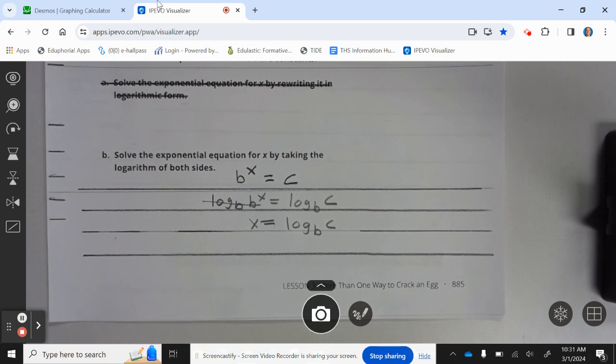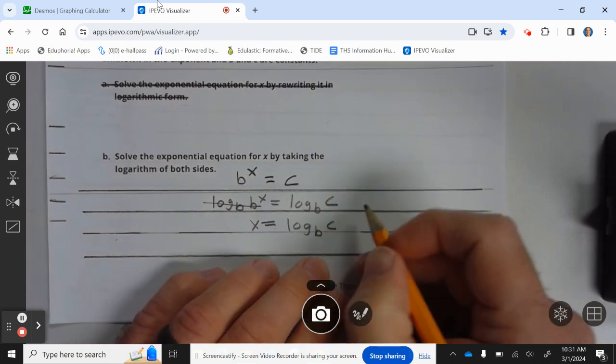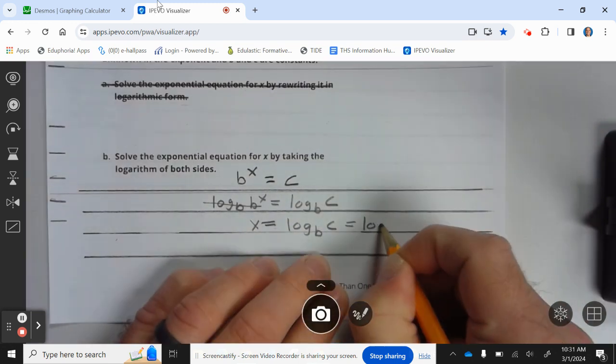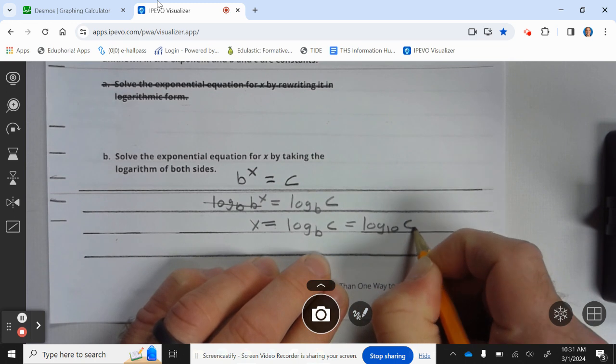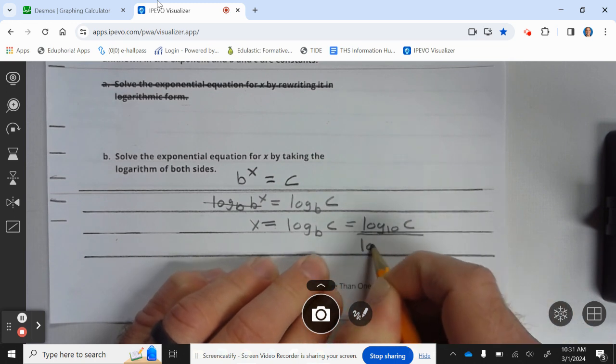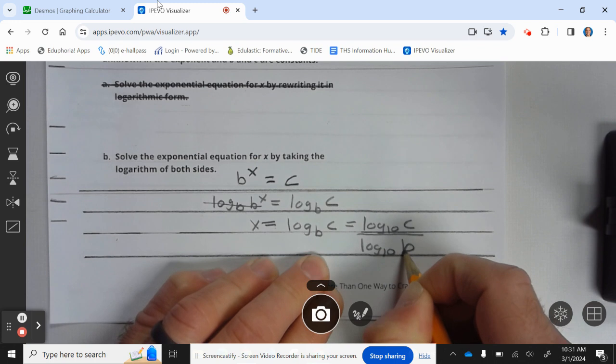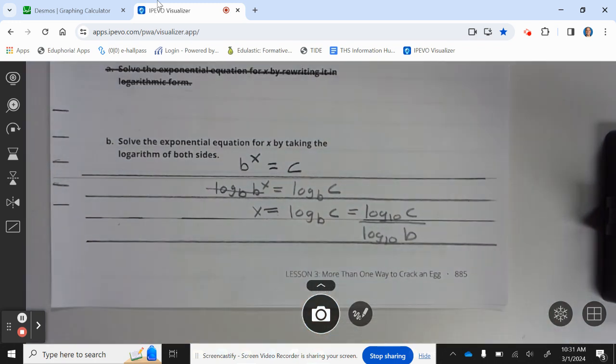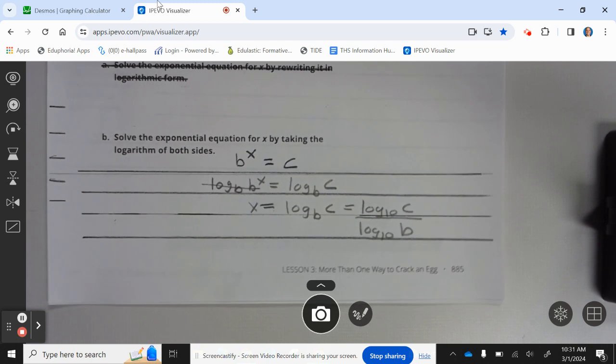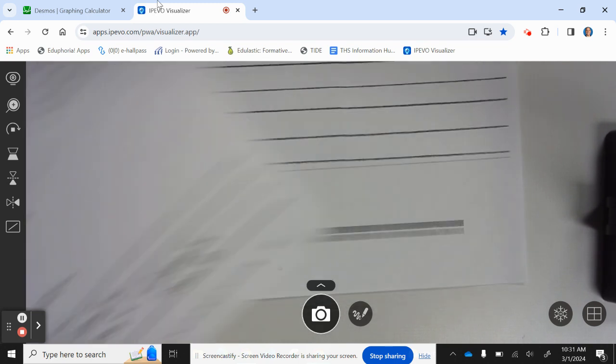Which, writing that as a change of base, that would be log base 10 of c divided by log base 10 of b. All right, go ahead and finish it up. Let's take a look at the next page.